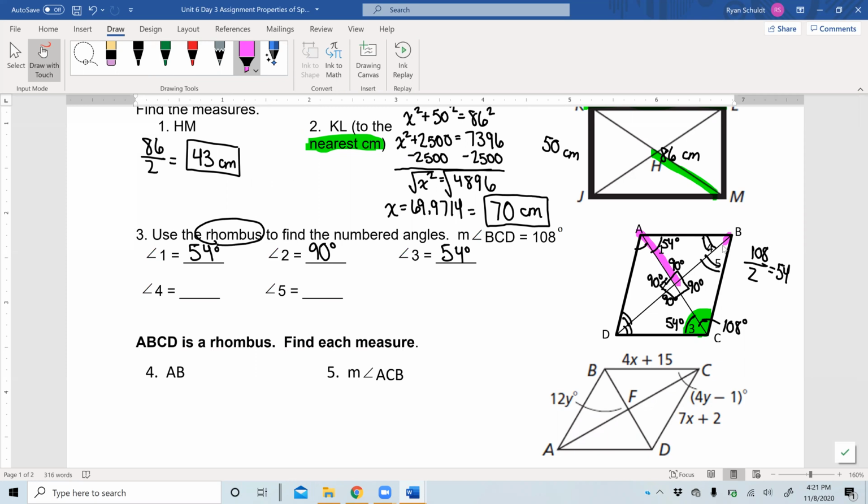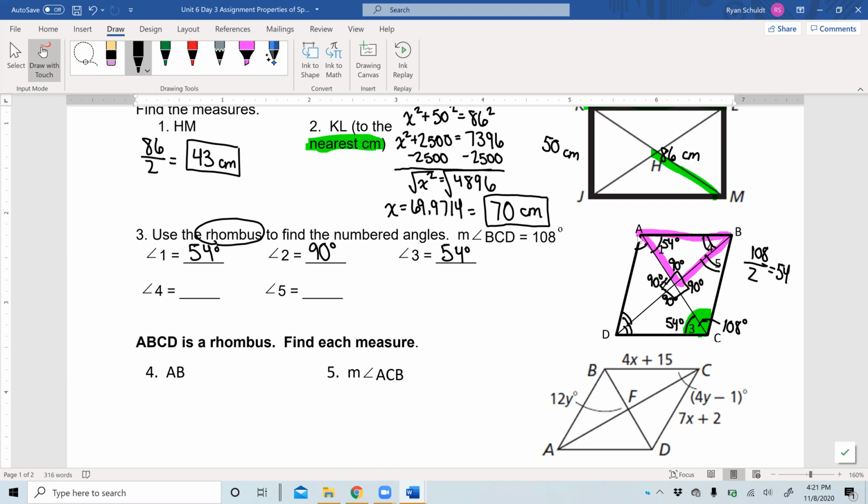If I ignore everything else, except what I know about this triangle, how can I get angle 4? What does a triangle have to add to? 180.